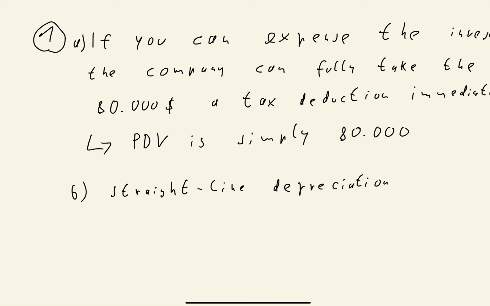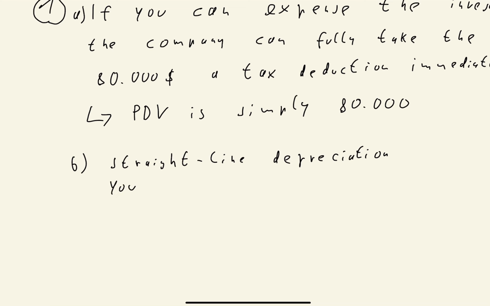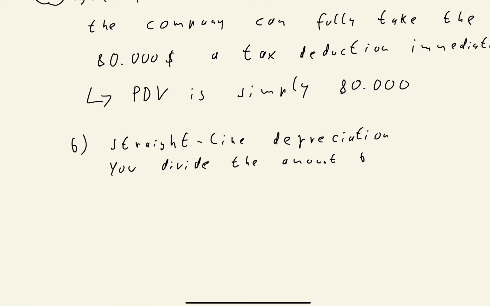So it means that you divide the amount by the number of years which the equipment is expected to function.